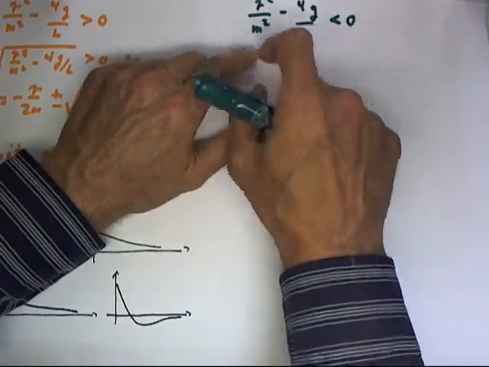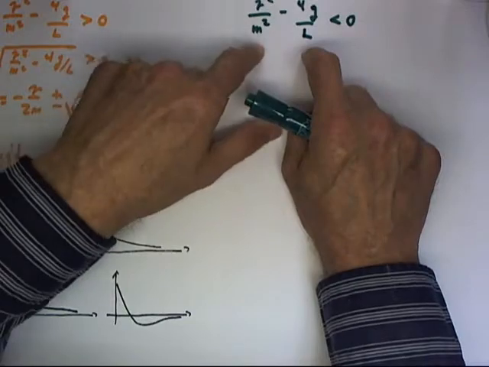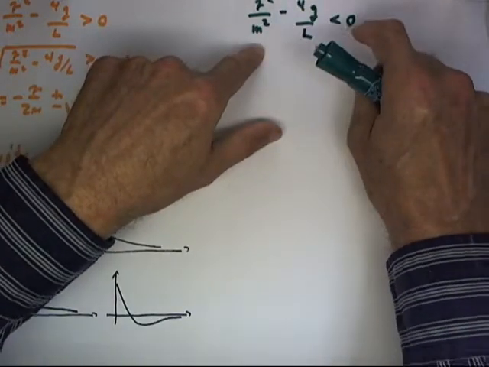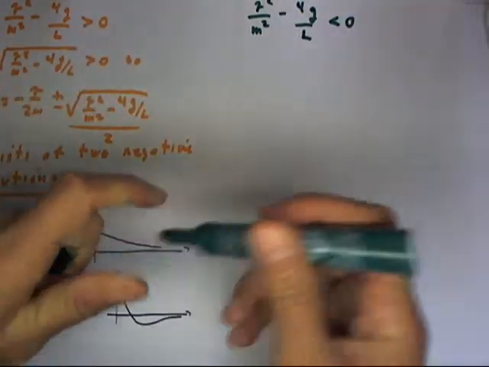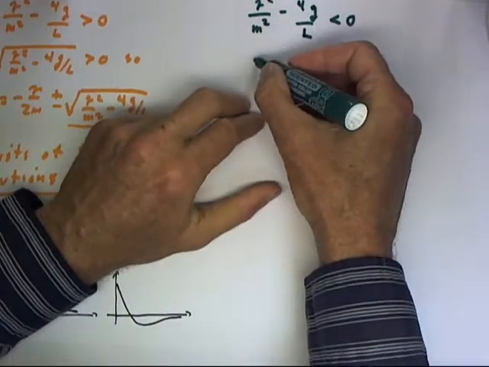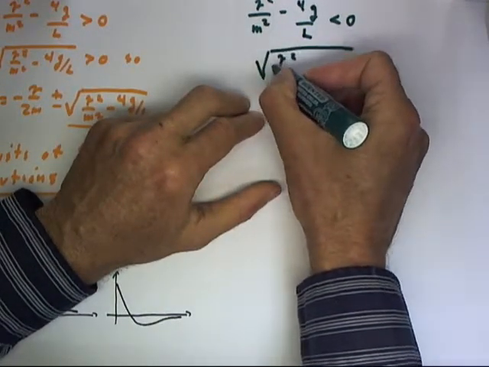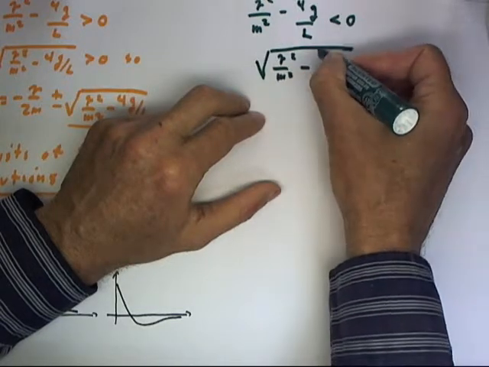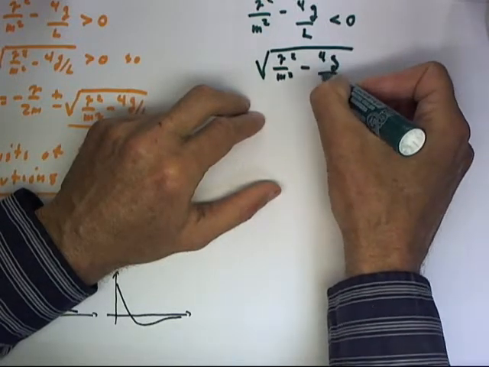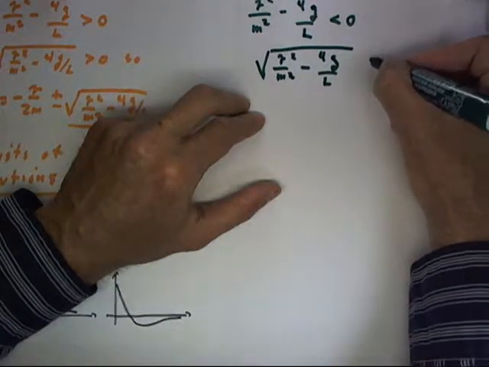The third case is where the discriminant, gamma squared over m squared minus 4g over L, is less than 0. In that case, the square root of gamma squared over m squared minus 4g over L is imaginary.